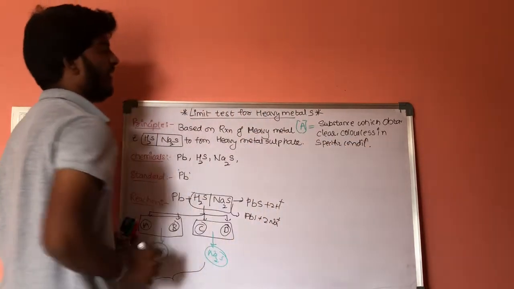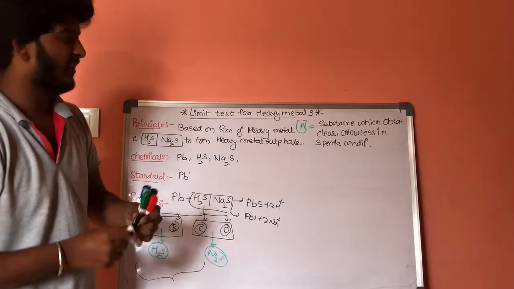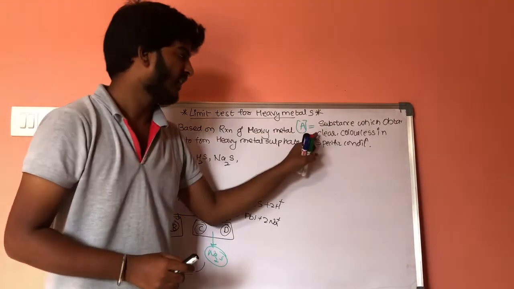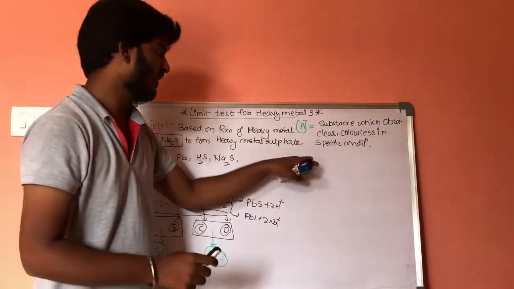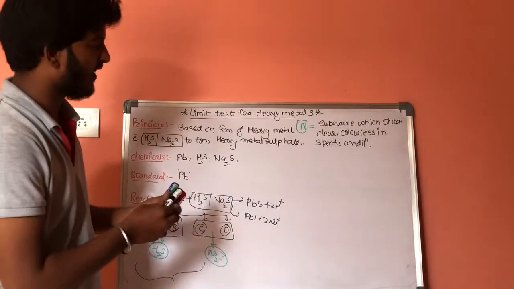That is method A. Method A is used for the substance which will obtain clear and colorless solutions in specific conditions.